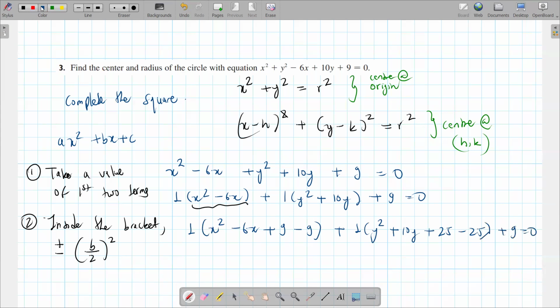Now this is probably the most important step. What's going to happen is that the first three terms inside the bracket, the first three terms only, they always make up the whole squared.